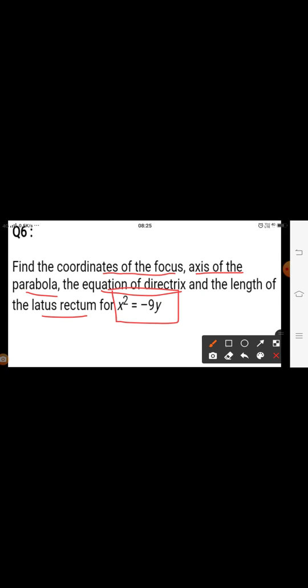The degree of y is less, which means it is symmetric about the y-axis, and by the negative sign we observe it is along the negative direction of the y-axis. Then the standard equation we know is x square is equal to minus 4ay.